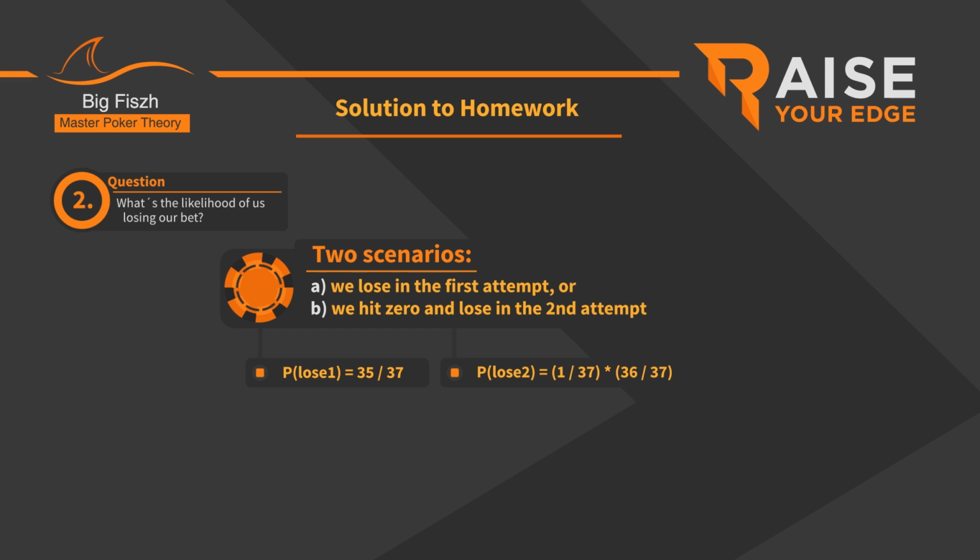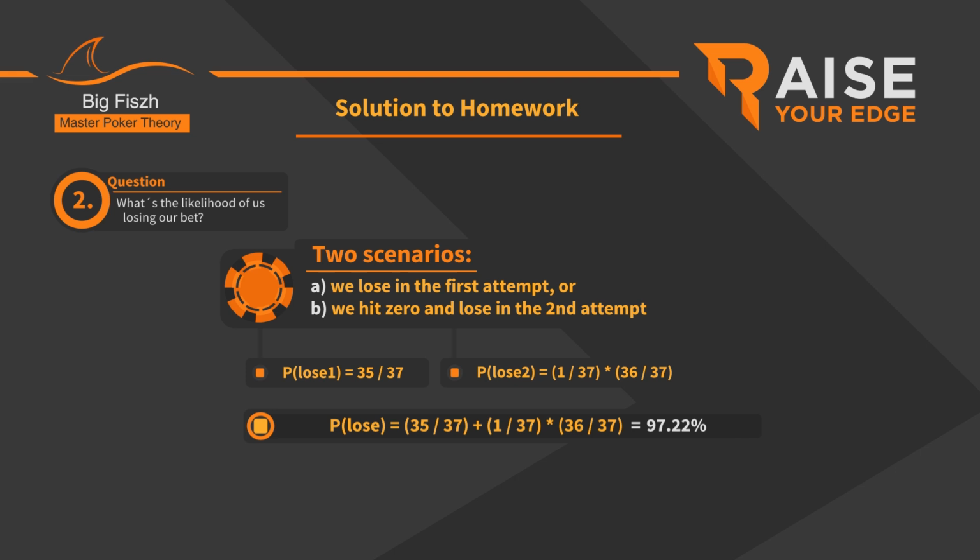As you remember, dependent events have to be multiplied, which means the total probability for a 0 hitting in the first run and no 17 hitting in the second run is 1 divided by 37 times 36 divided by 37. Still there? Okay, now as we have all the single terms of our formula, we can build the whole.